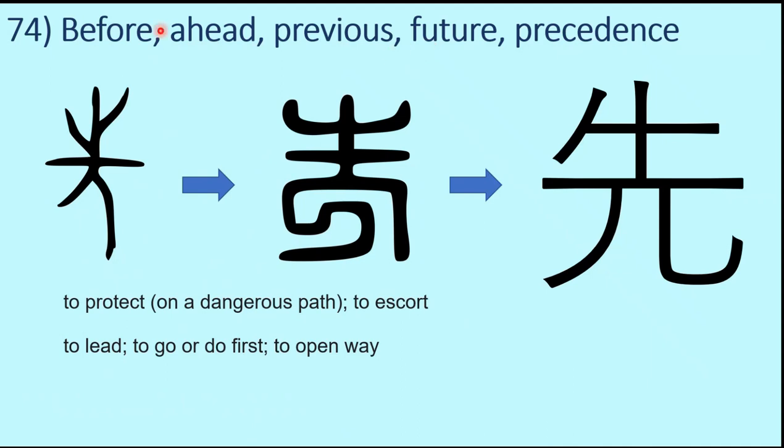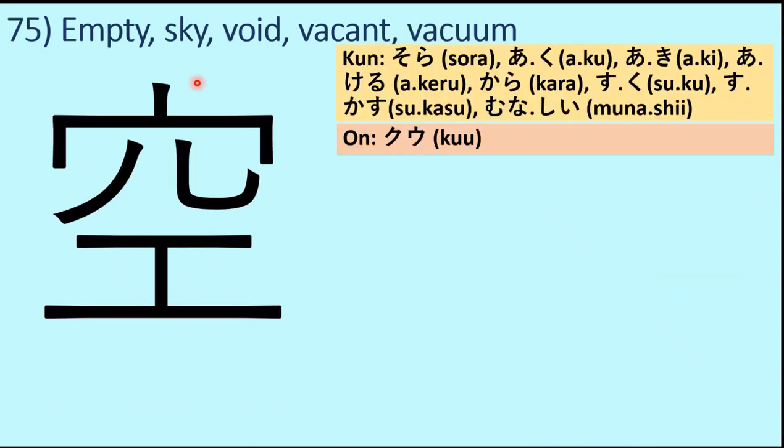So again, the meanings of before, previous, or precedence. Precedence is still okay, but before and previous don't seem to fit into this description. So these are exceptions, and no one knows how exactly and why exactly these symbols have evolved into the modern ones, which have some other meaning.